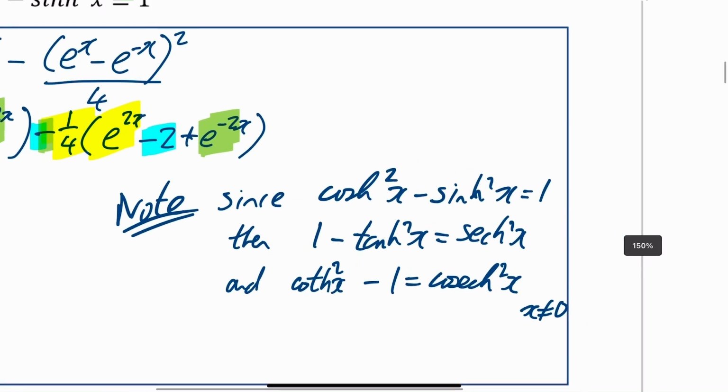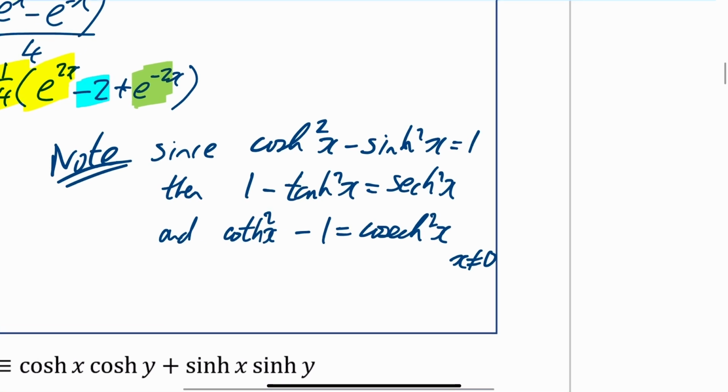Okay, now let's have a look at this then. Since we've got that identity, that hyperbolic cosh squared minus hyperbolic sine squared is equal to 1, then you can get through to these ones. I would only ever learn this one, to be honest. Just like the circular ones, I only ever learn cos squared plus sine squared equals 1. Learn this one off, and then you can get to the other ones.